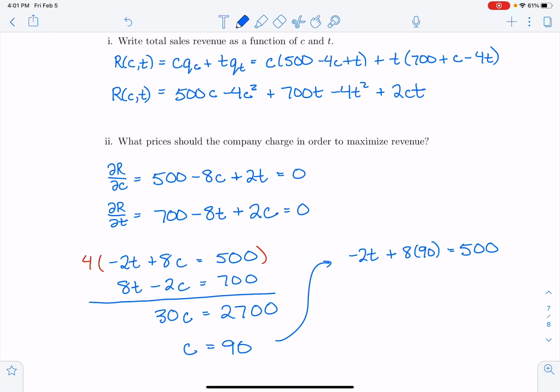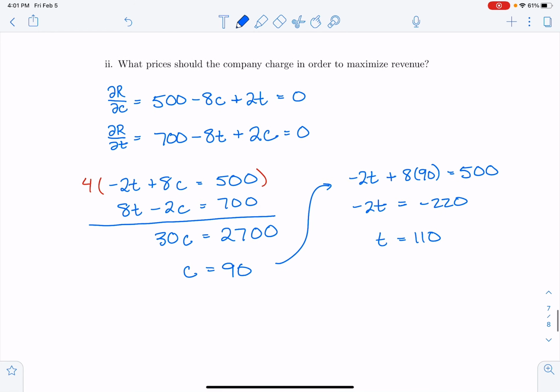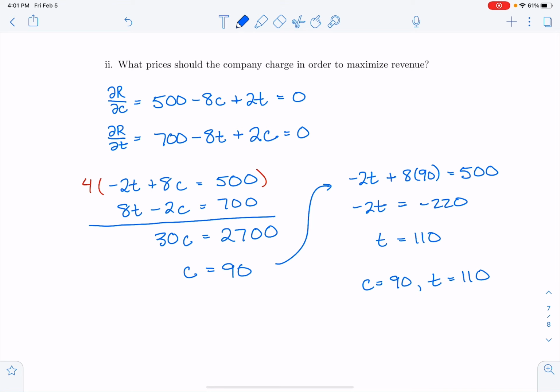So negative 2T is going to equal 500 minus 720, or minus 220, so T is going to equal 110. I found my critical point. The price of coffee is going to be 90. I haven't really said what the units are, but that's okay. And then the price of tea is going to be 110.